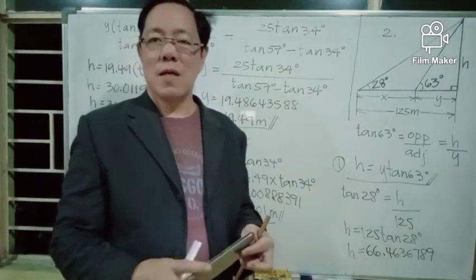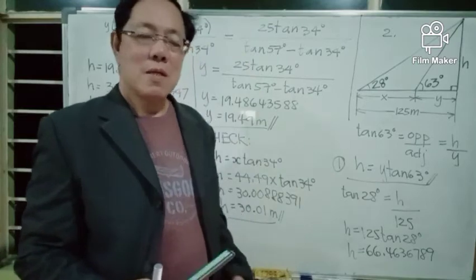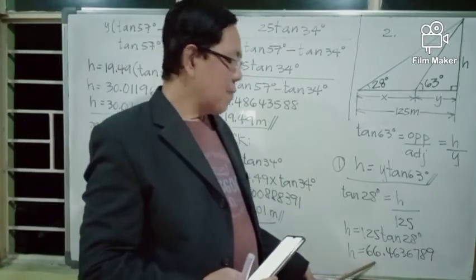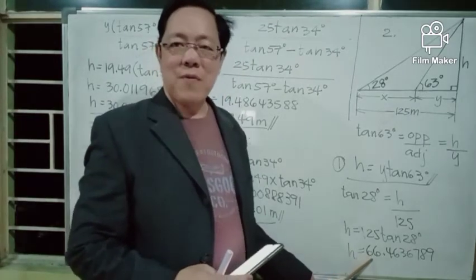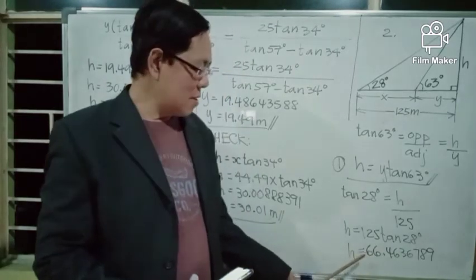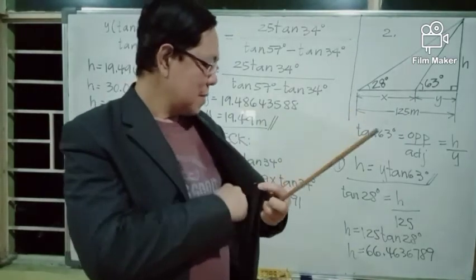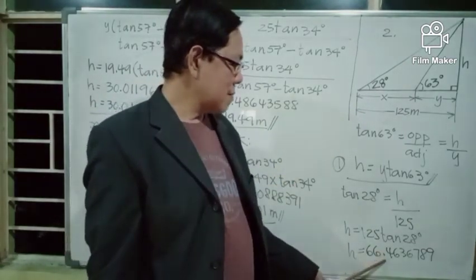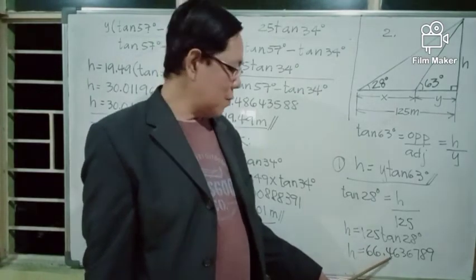The answer is a non-terminating, non-repeating decimal number. It is a number with many decimal places. But we round off the final answer to 2 decimal places. After the decimal point, we count 1, 2, 3.